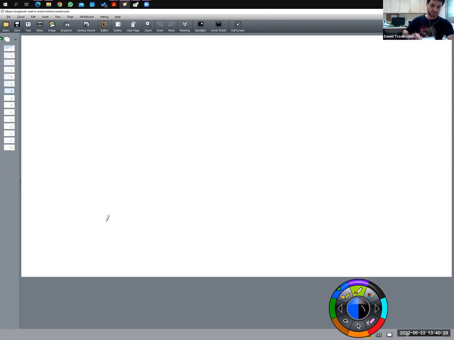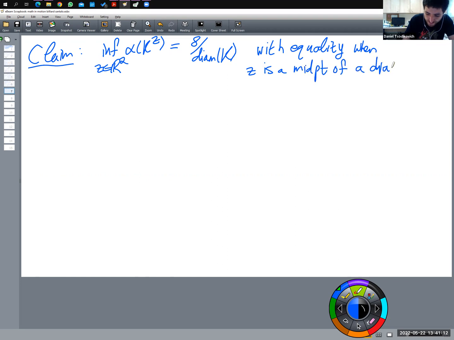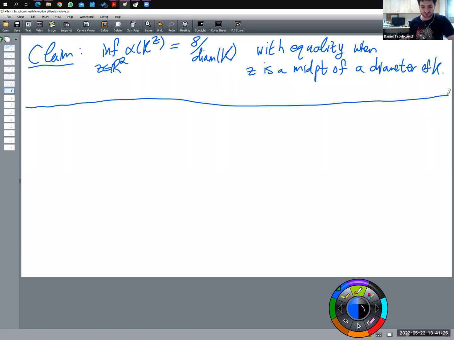So the claim is actually that the infimum of alpha K, z, where z is in R2, is equal to 8 over the diameter of K, with equality in K when z is the midpoint of the diameter of K. So this is the heart of everything.